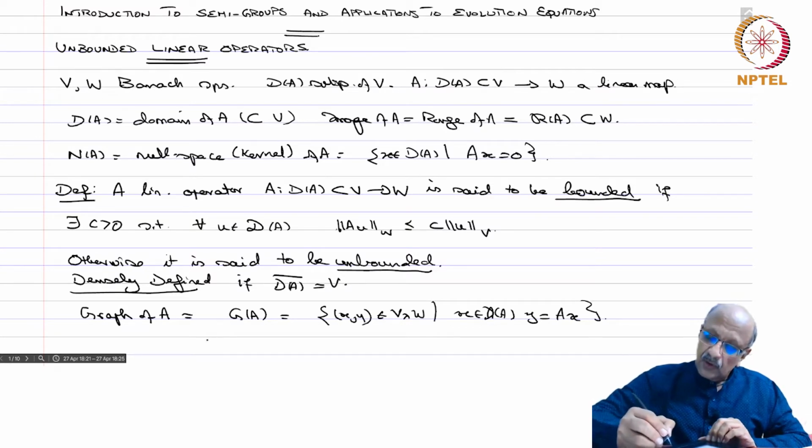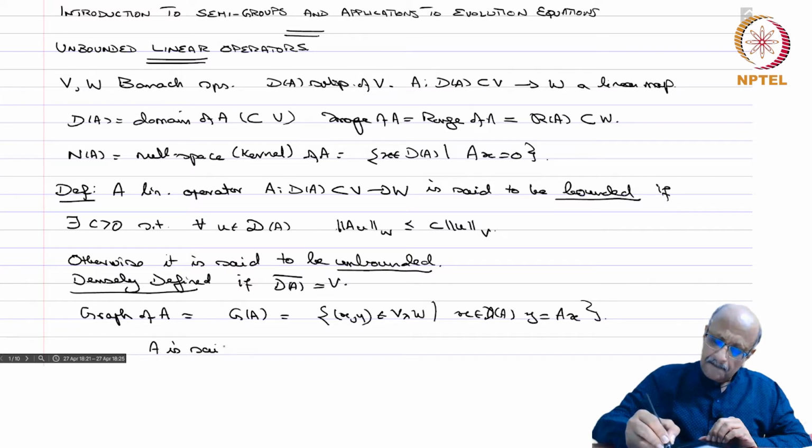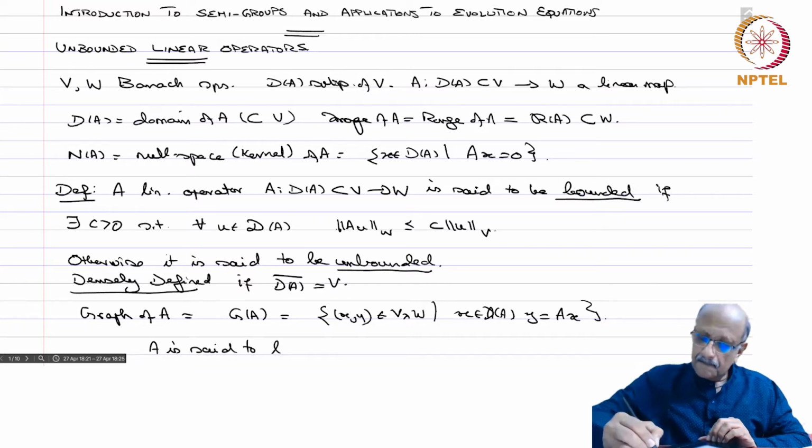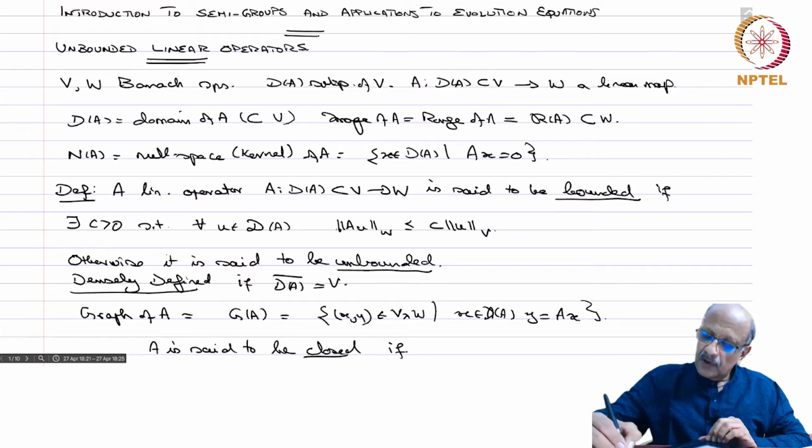Okay. So, and then A is said to be closed if G of A is closed in V cross W.